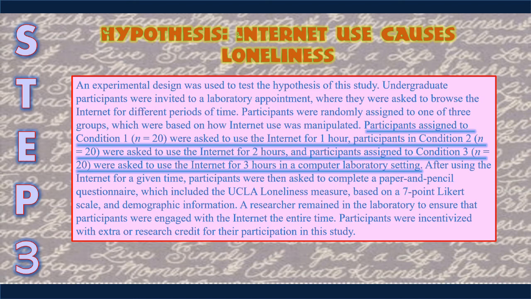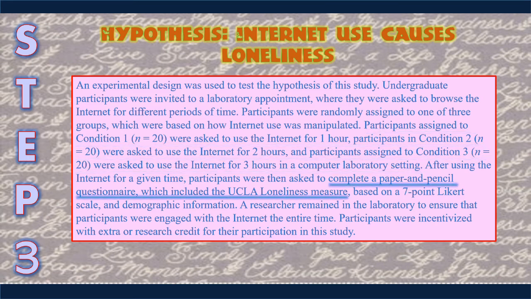Remember that when creating these conditions, you want to manipulate the independent variable and only the independent variable. You want to avoid introducing any confounding variables that could potentially lead to changes in the dependent variable. Finally, you'll want to explain how you measured the dependent variable. Including all of these components will earn you the most number of points.